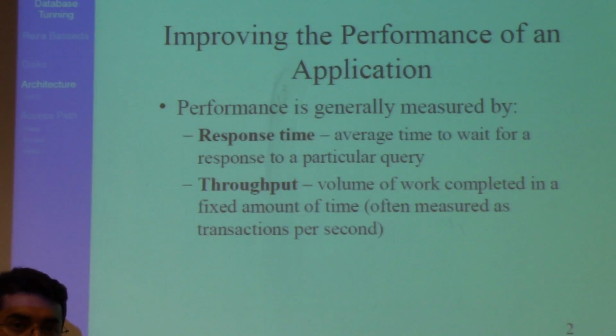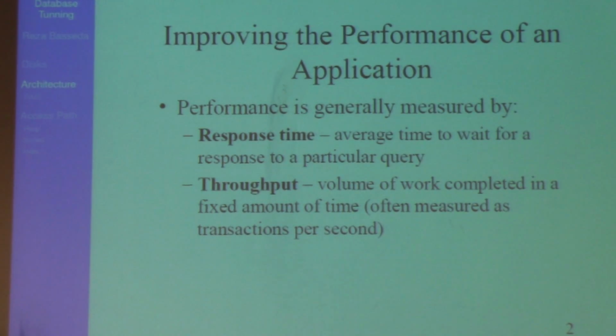You submit the query, how long do you wait to get the answer. The other one is throughput. Similar to networks, right? You study networks. Throughput is the number of jobs you submit that are finished in a fixed amount of time.